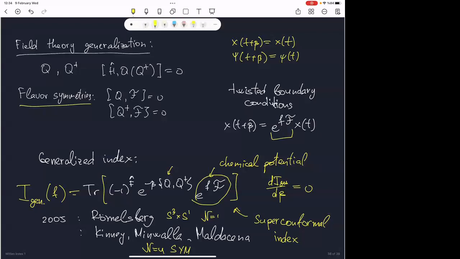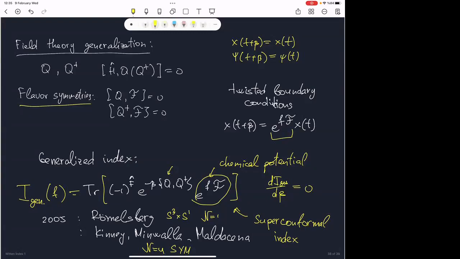Since this is a symmetry of your theory, this f comes from the theory, of course, so the generalized index again knows a lot about your theory. At least it knows all symmetries of your theory. If you plug in all symmetries which commute with the supercharge, then it knows many things about your theory. So you see that even by construction, it's in principle possible to tell something about theories even without a Lagrangian description.